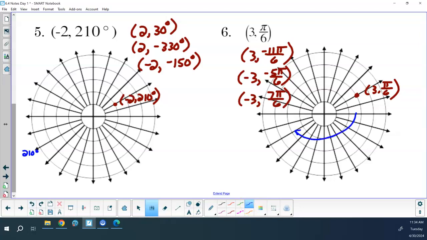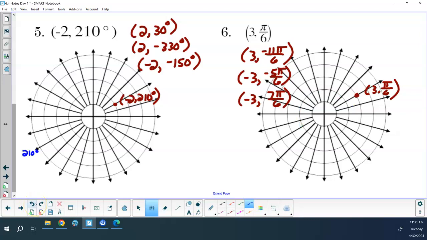Went to here. But now instead of going this way, I'm going negative 3 back, which means I'm going through the pole and in the opposite direction. And then the last one was we went 7 pi over 6 and then went negative through the pole. Okay? It's not 4 different points. It's the same point labeled 4 different ways.